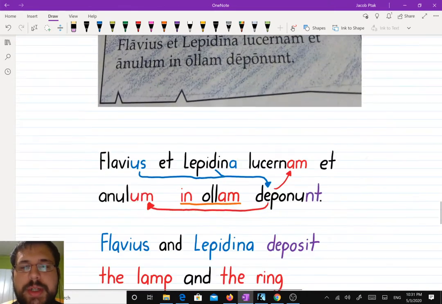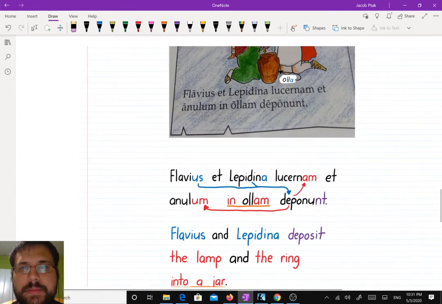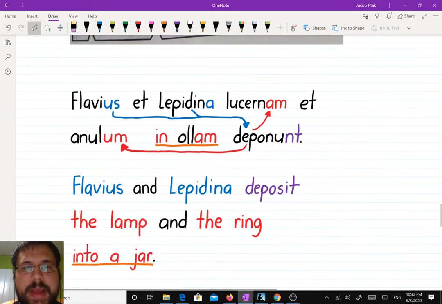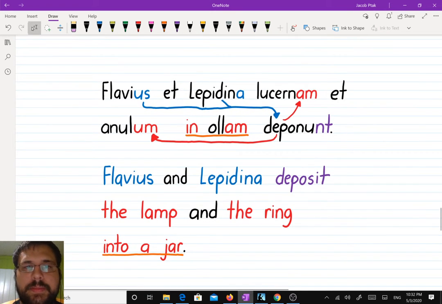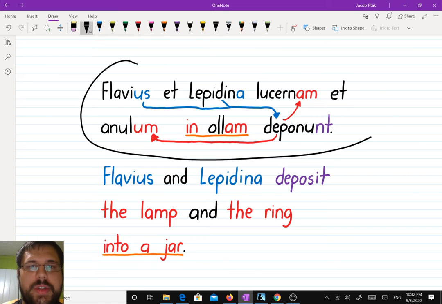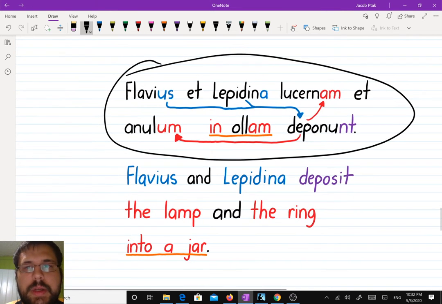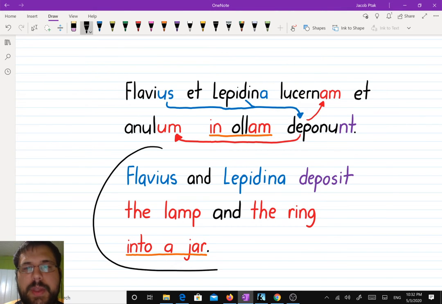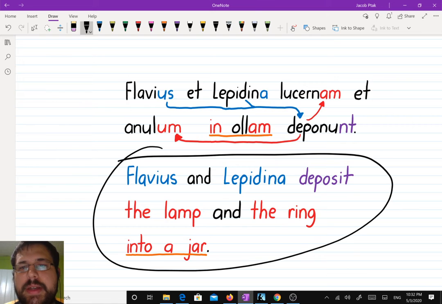So the translation here, I can't show you the picture and the sentence at the same time. It's too small. Flavius et Lepidina lucernam et annulum in olam deponunt. Flavius and Lepidina deposit the lamp and the ring into a jar.